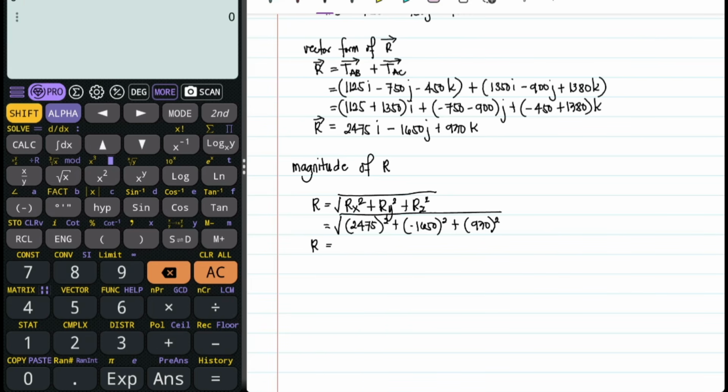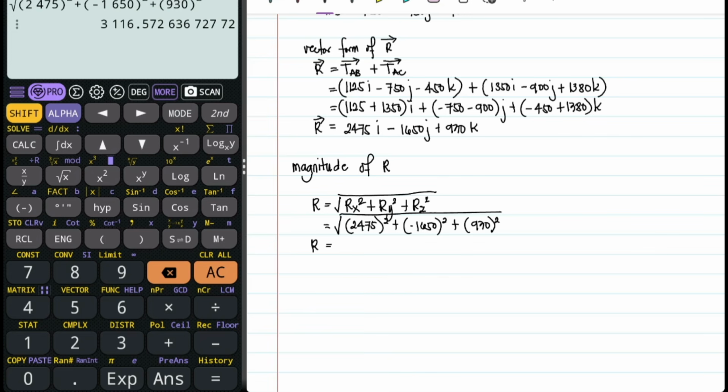So again, the square root of 2475 squared plus negative 1650 squared plus 930 squared.